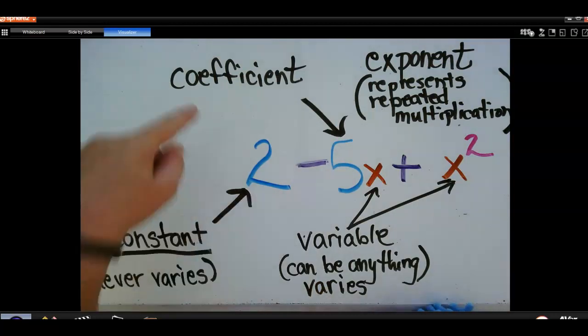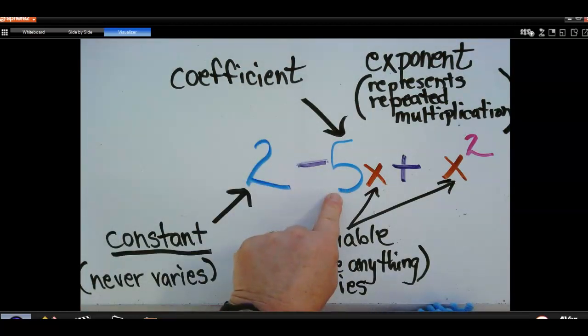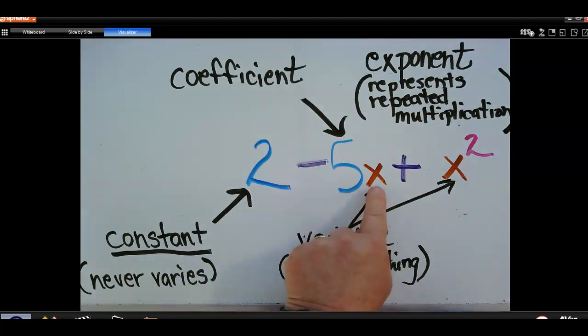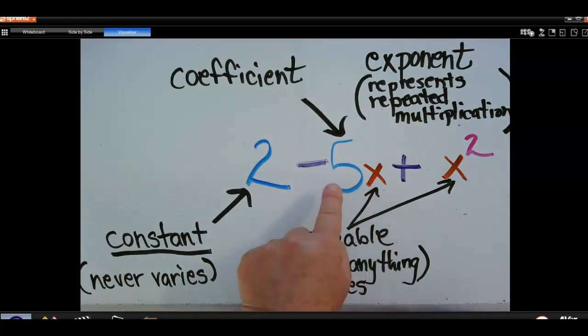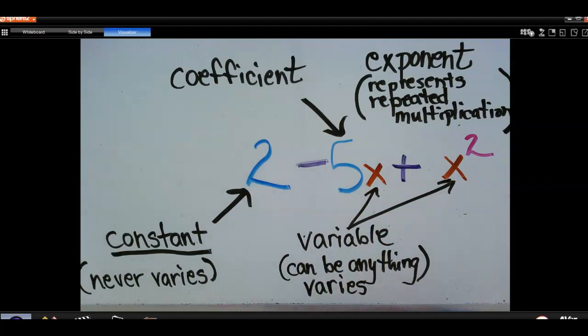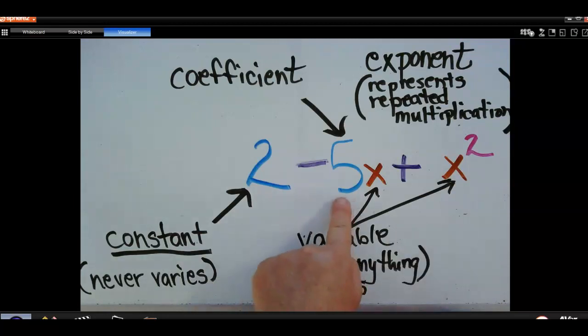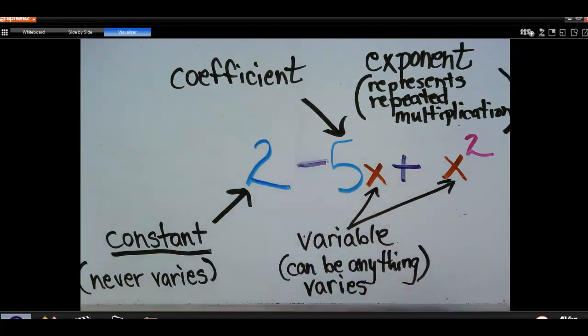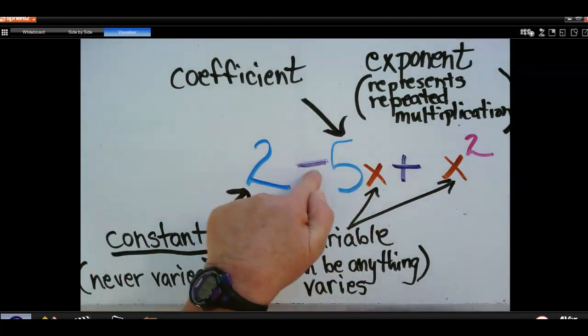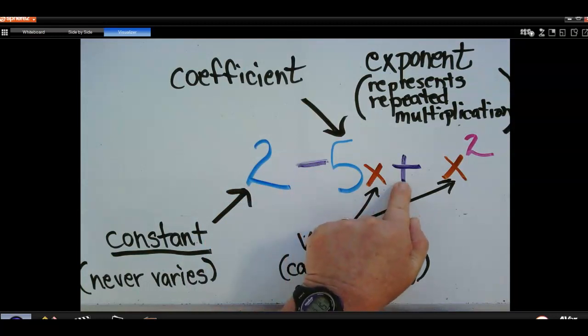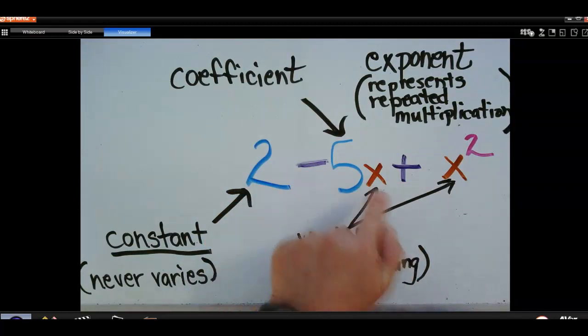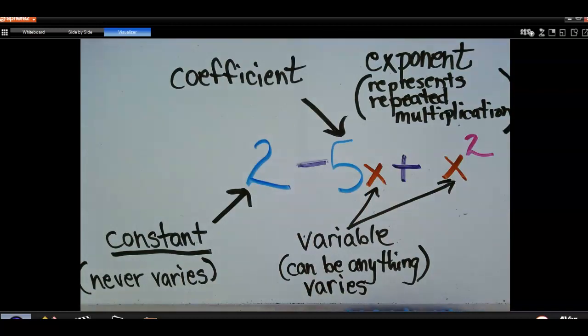Then we've got another way to express numbers that are being multiplied by variables. And the reason that we know they're being multiplied is that's another thing about algebra: when you have two things written right next to each other and there's no operator in between that you can clearly see, then the default operation in that case is multiplication.